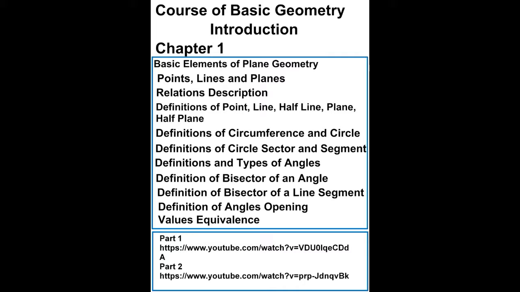This chapter presents the basic elements of basic geometry, which are the following: description of the relations, definitions of point, line, half plane, definitions of a circumference and circle, definitions of a circle sector and circle, definition and types of angles, definition of a bisector of an angle, definition of a bisector of a line segment, definition of angles, opening values equivalence.